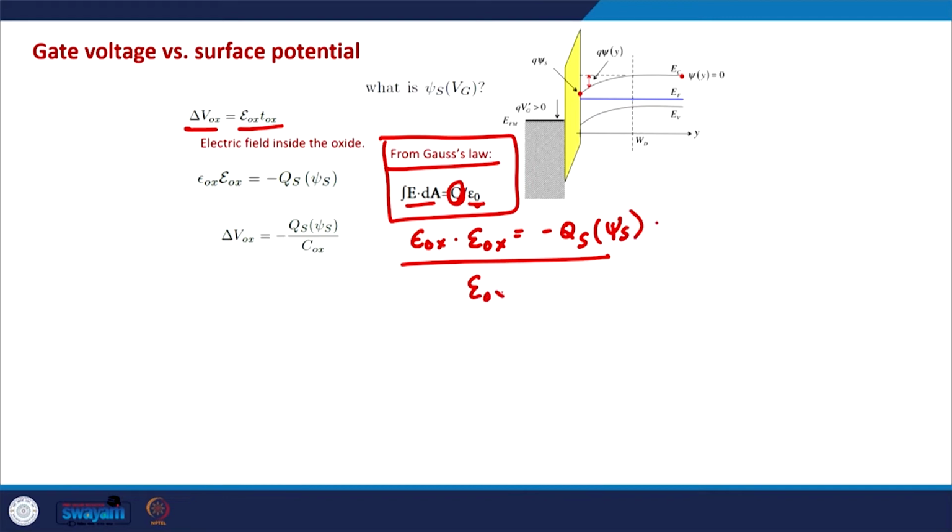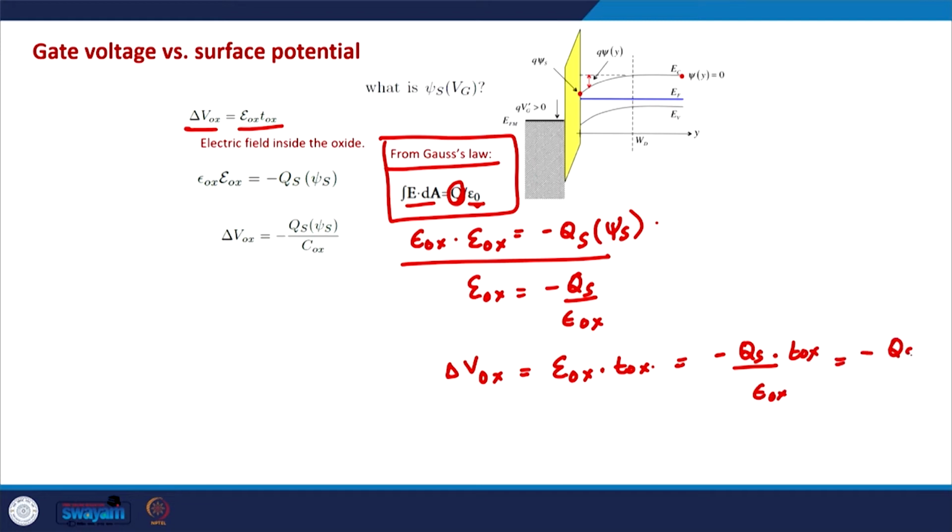So E ox is essentially minus Qs divided by epsilon ox, where epsilon ox is the dielectric constant or the permittivity of the oxide, and that's why the voltage drop in the oxide, which is essentially E ox times T ox, is minus Qs times T ox divided by epsilon ox, or it can be written as minus Qs divided by C ox, where C ox is the capacitance of the oxide.